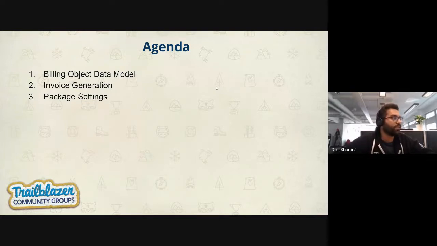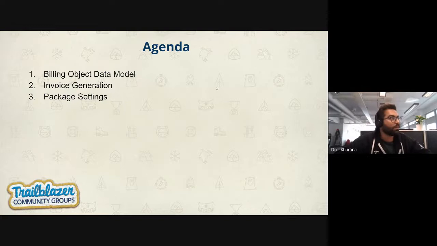Then we are going to see invoice generation, how it happens on the CPQ side and the billing side. Plus, there are a few package settings involved as well. I'm not sure about many package settings with respect to billing, but we can see a couple, and that will eventually help you in clearing your Billing Superbadge and Advanced Billing Superbadge.